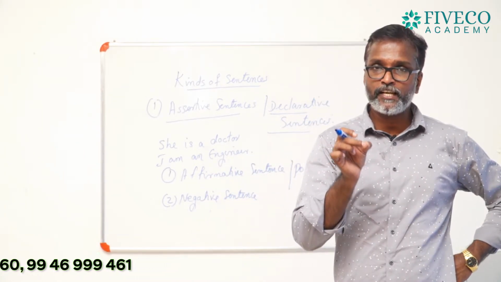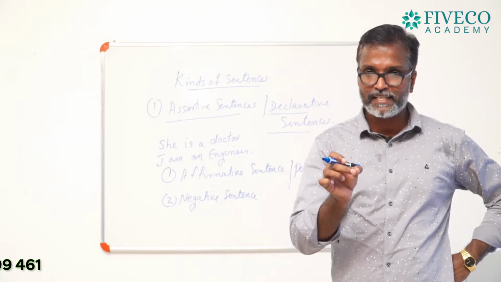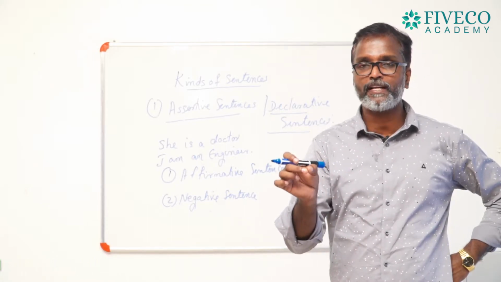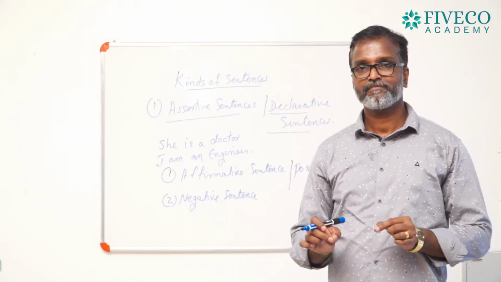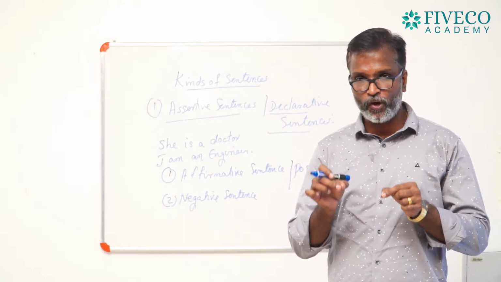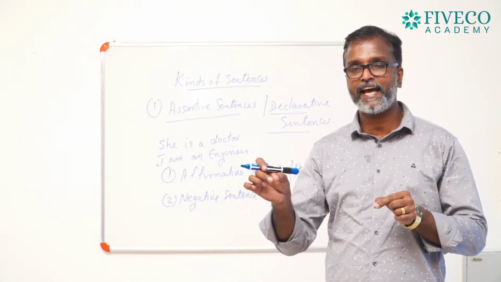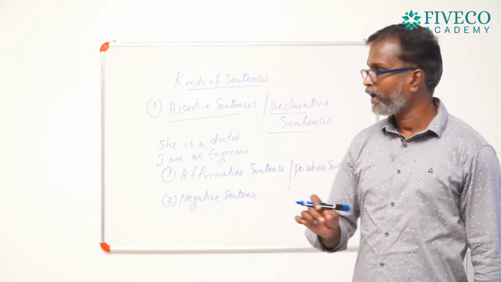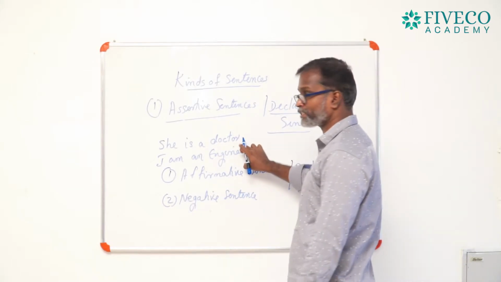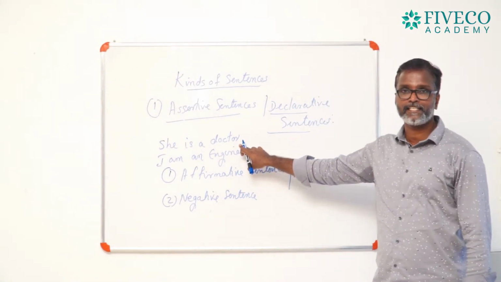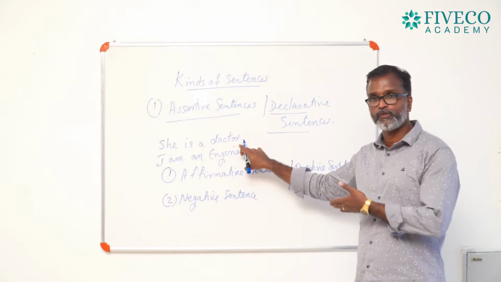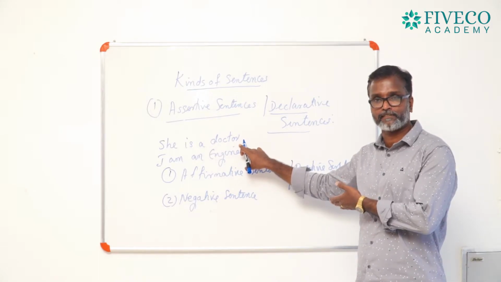If you use not in any sentence, that sentence is called negative. And here, she is a doctor. What kind of sentence is it? It is positive, because we have not used not in it.